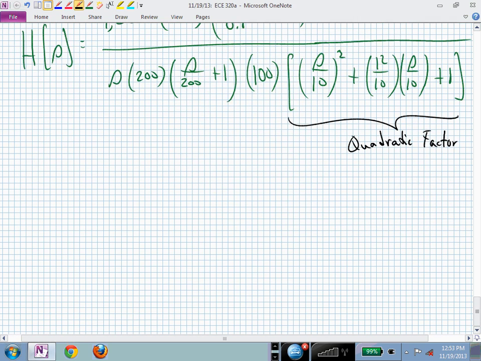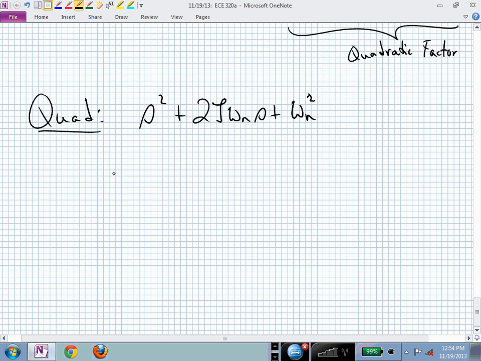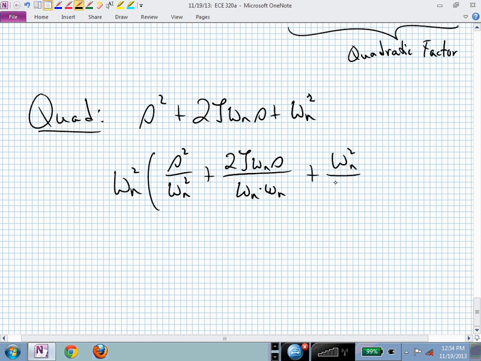What I've done for that is the following. We think of that as s squared plus 2 zeta omega sub n s plus omega sub n squared in sort of its pole-zero structure. I've now factored out an omega sub n squared. So I have an s squared over omega sub n squared plus 2 zeta omega sub n s, where omega sub n squared I'll write as omega sub n times omega sub n, plus omega sub n squared over omega sub n squared.